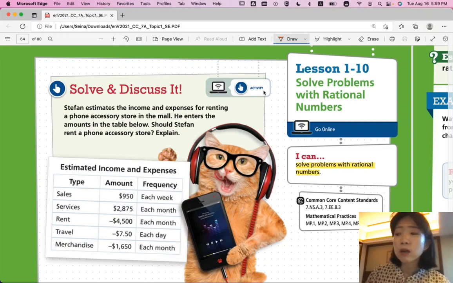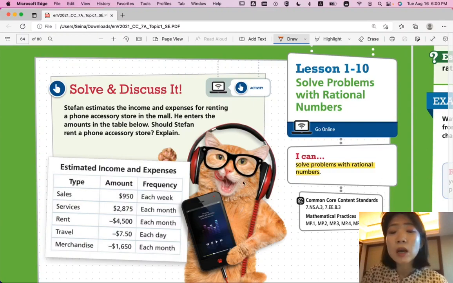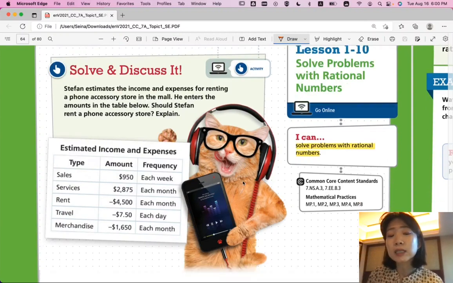So let's calculate all these expenses and income together and see if it's a positive income or a negative expense. If expenses outweigh the income, then he loses money. But if he earns more money than he needs to pay, he earns money.